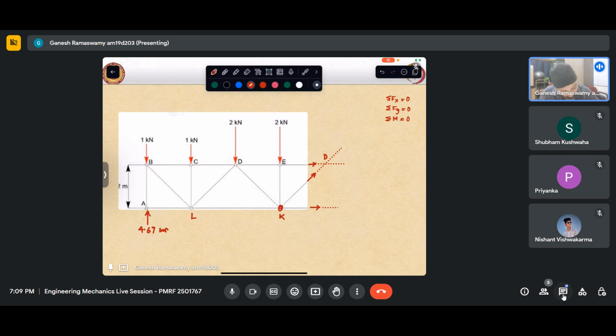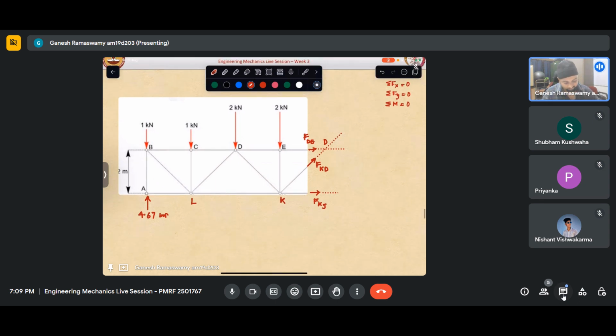Essentially, let me also label these forces. This is F_DE, let me say. This is F_KD. This is F_KJ, because here the joint was called K. I hope that you remember that. So this is K.